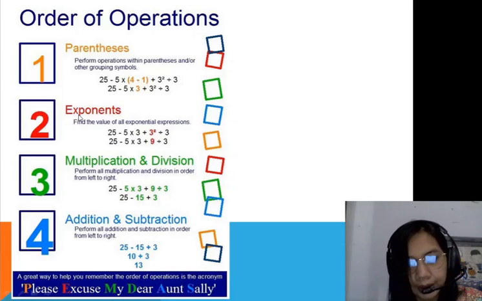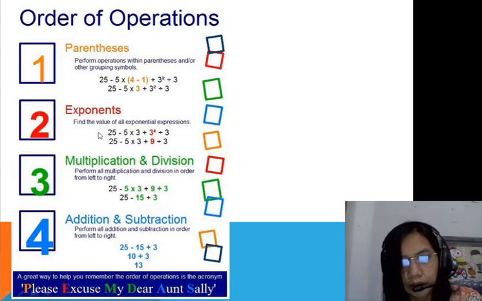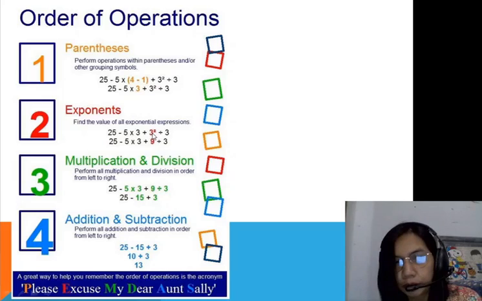the second step is exponents. Find the value of all exponential expressions. 25 minus 5 times 3 plus 3 exponent 2 divided by 3. Look at this, this is the repetition of multiplication. 3 times 3 equals 9. Okay.